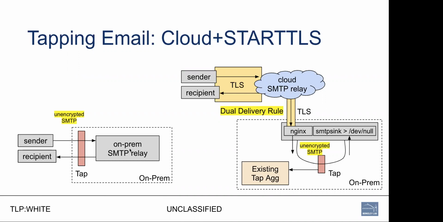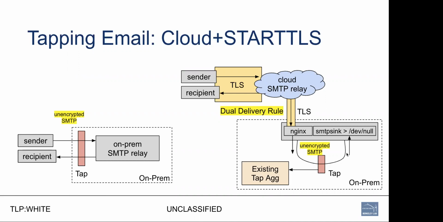And in our case, that other place is a server that the cybersecurity group runs on-prem that has Nginx to terminate TLS and then give us an unencrypted SMTP stream that we could just send to a tool.